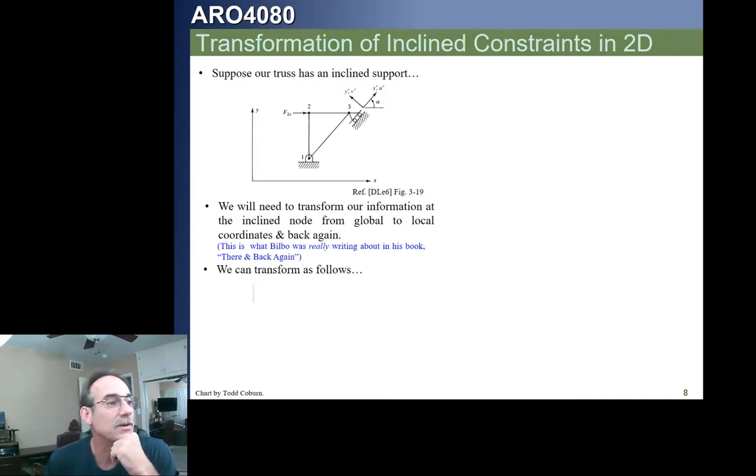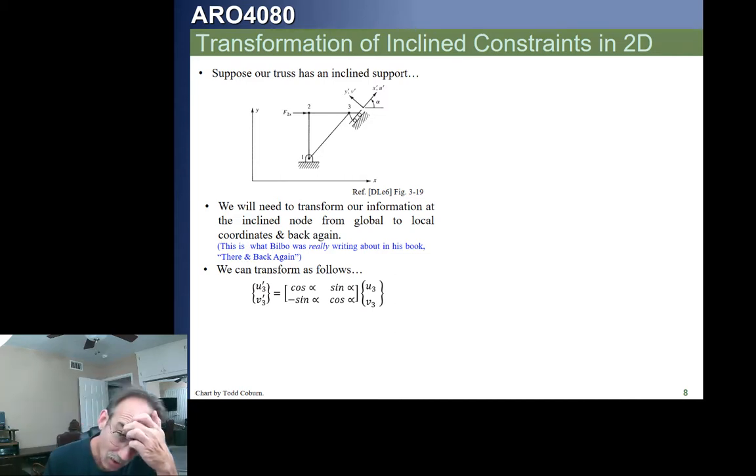Here's how it works. If U3 and V3 are our global displacements, we can use the transformation similar to what we've used before, where alpha is just the angle of that inclined support now, to get our local coordinate deflections U3 prime and V3 prime.